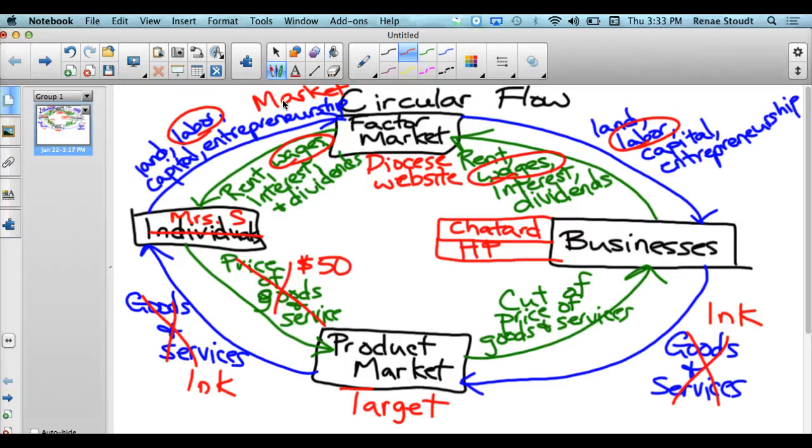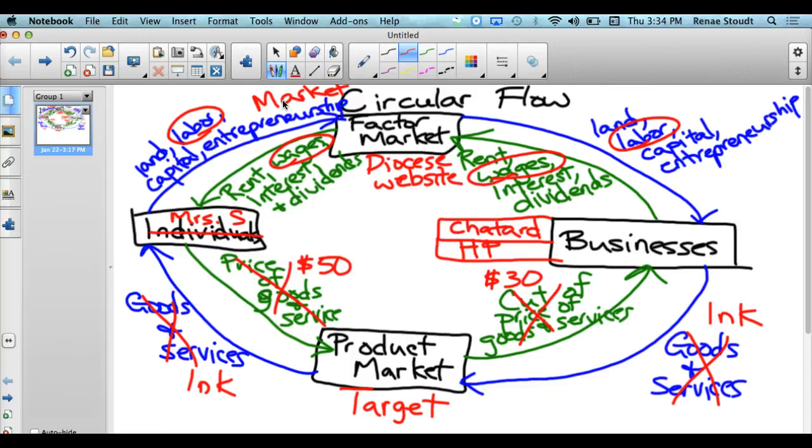I bought mini cartridges, a multi-pack, so it cost me $50. I paid that to Target. Target then has to give a cut of that $50 to HP to pay for the actual manufacturing of the ink. So maybe HP only gets $30 of that. The rest of it goes to Target.